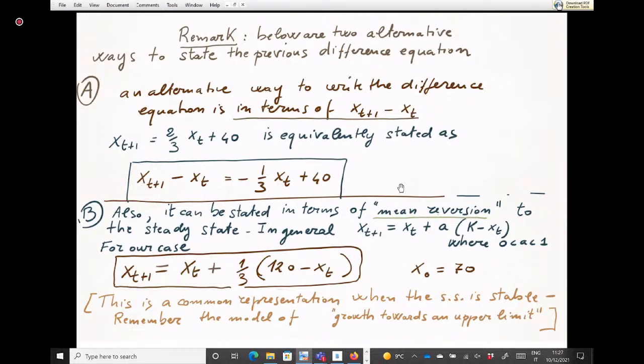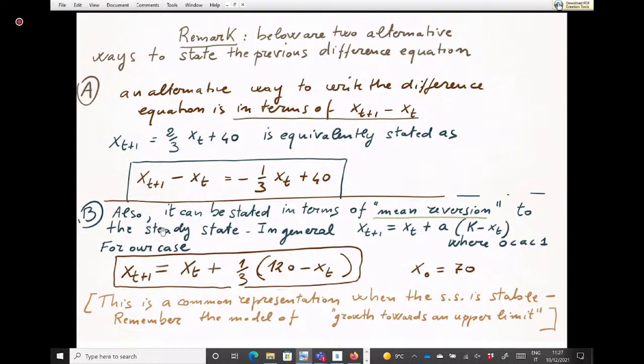Okay? It can also be stated in terms of mean reversion to the steady state, which is the model that we call growth towards an upper limit for differential equations. There is an equivalent one also for difference equations, okay?